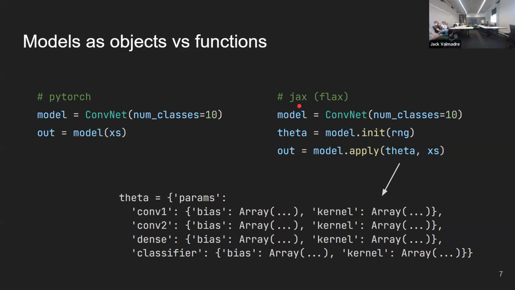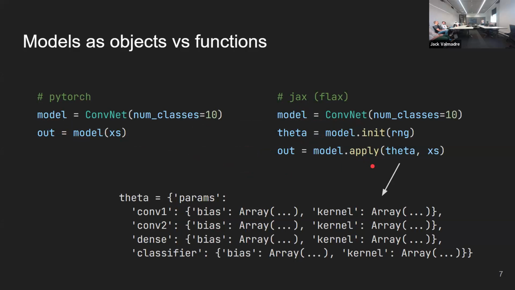In JAX, it looks slightly different. So we define our model, but then we can't use it, it doesn't have the parameters built into it. So then we need to call model.init, giving it a random number generator, and it's going to return a theta. And then when we use the model, we can't just do model of x, we need to do model.apply to theta and x.